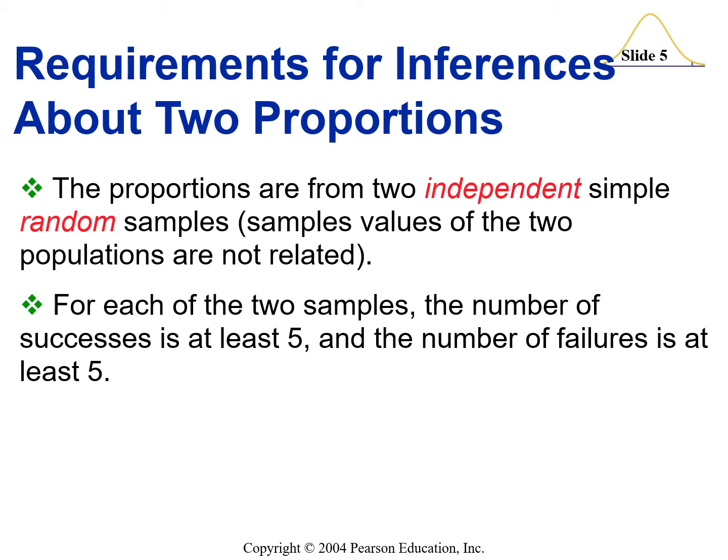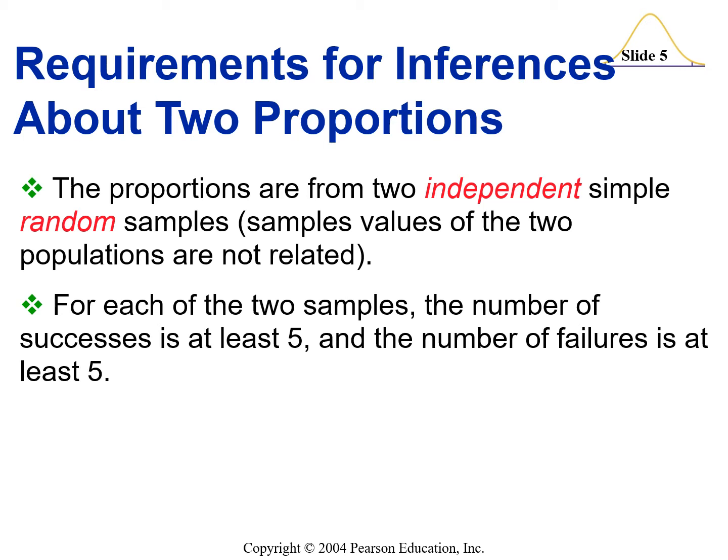Requirements for inferences about two populations. As I said before, requirements, assumptions, and so on are very important to know. We have two requirements for conducting inferences about two population proportions. Number 1, the proportions are from independent simple random samples. Sample values of the two populations are not related.